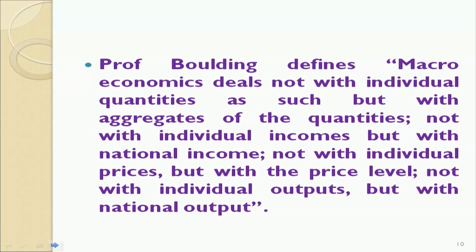We study the aggregate: the income of A, the income of B, the income of C, together the overall income generated by the citizens of the particular country. It is an aggregation of income, the national income, that is taken into consideration, not individual income.